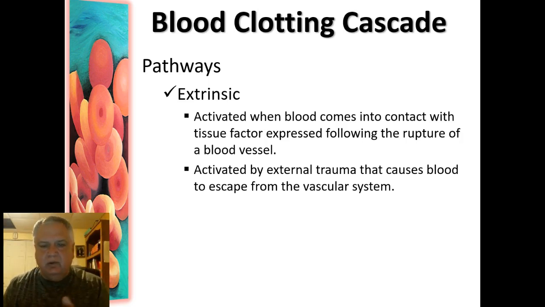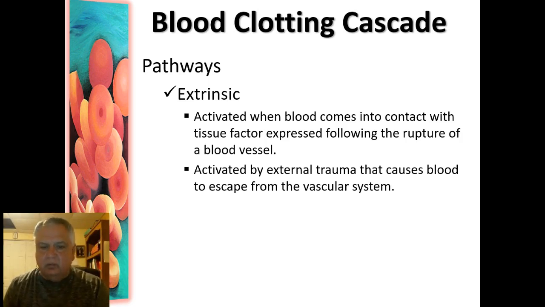So when the blood flows through the lumen of the blood vessel, that thin layer of connective tissue that contains the thromboplastin, the tissue factor, is kept apart from the blood, so the blood never really comes in contact with it.